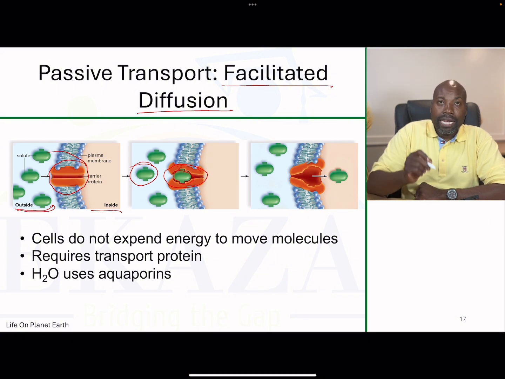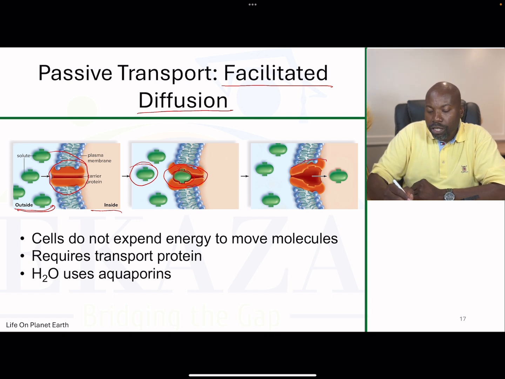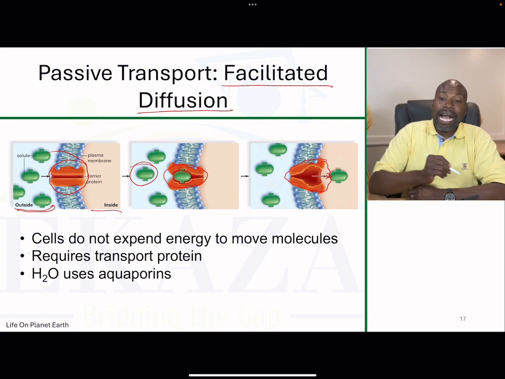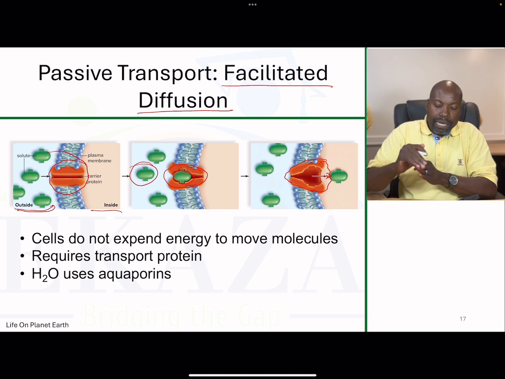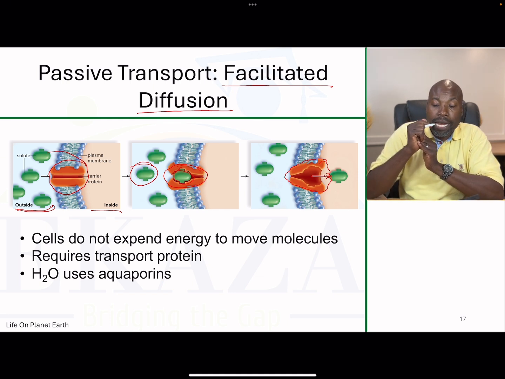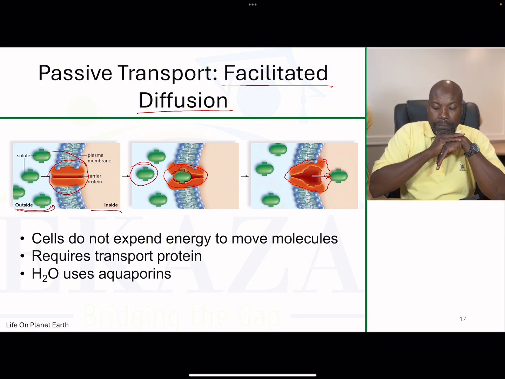That matching is going to cause a conformational change. That conformational change is going to be such that the transporter is going to release the chemical inside. As it releases the chemical inside, that net movement is going to stop whenever the concentration of the solute is equal on both sides of the compartment.